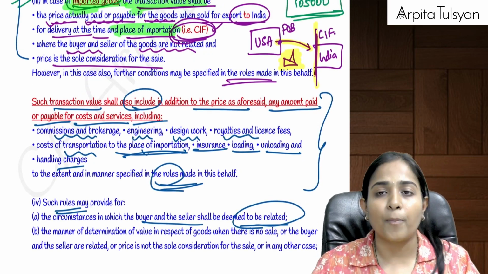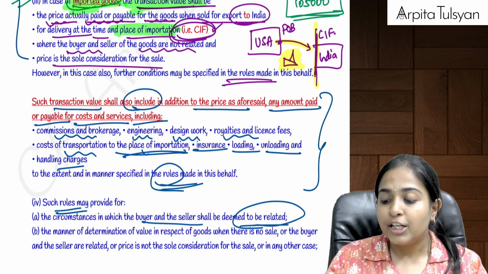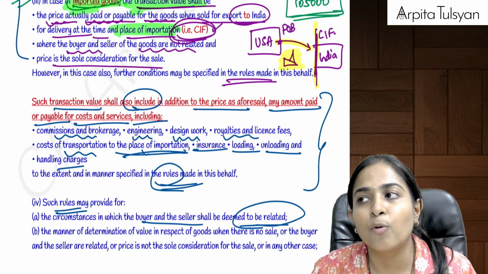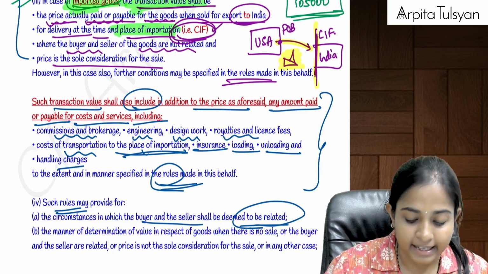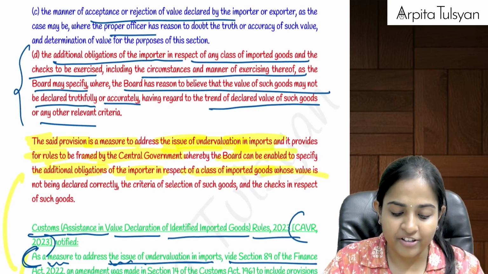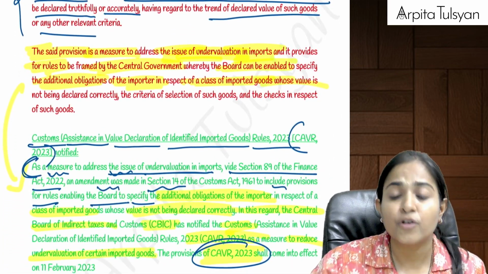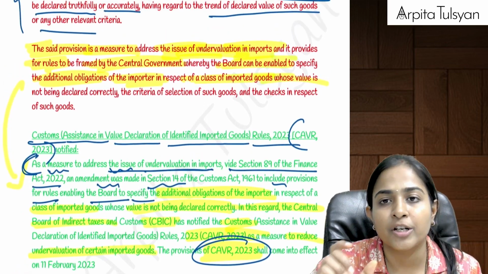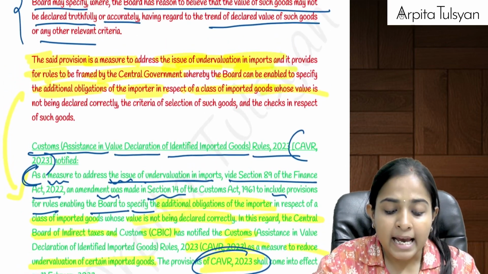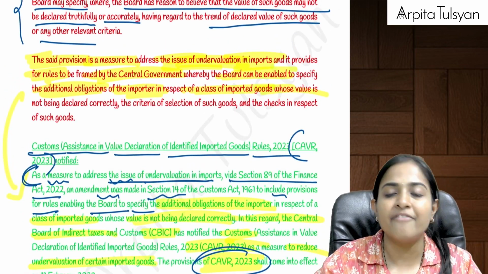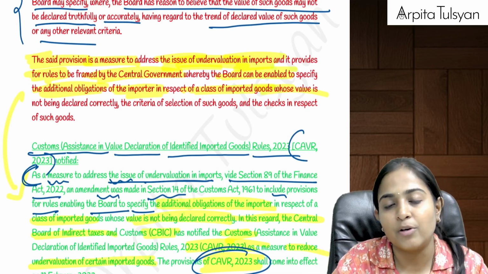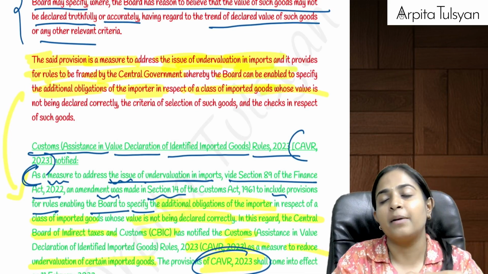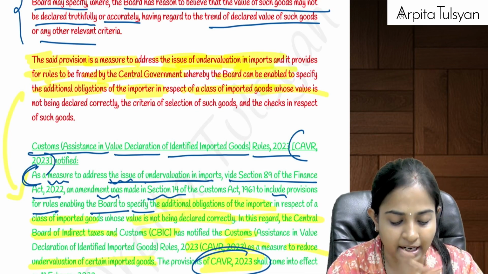if the proper officer is of the opinion that you are importing such goods which can result in undervaluation, in case of imports, not exports here, then for that purpose, the Customs Valuation (Identified Imported Goods) Rules 2023, CAVR, were introduced.